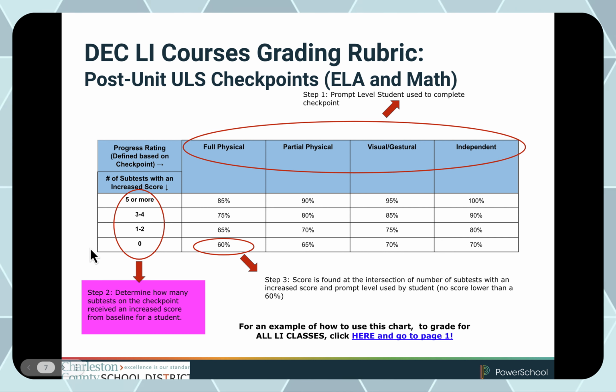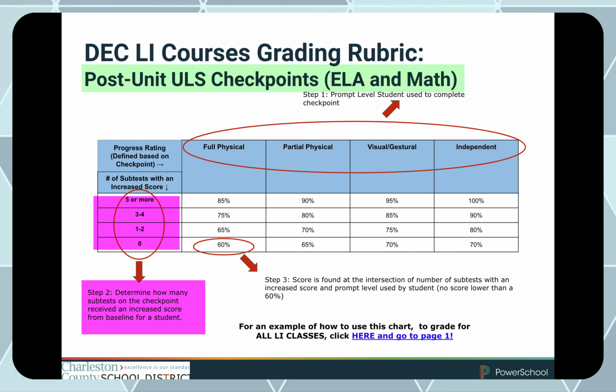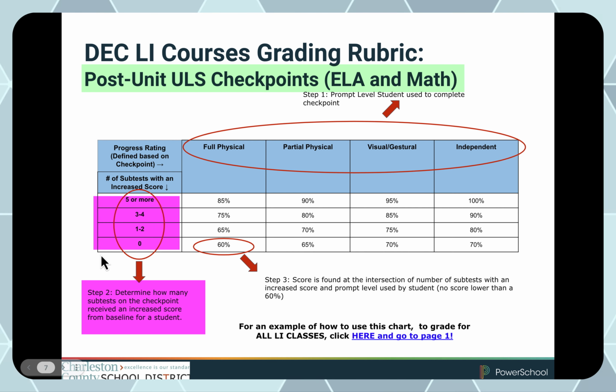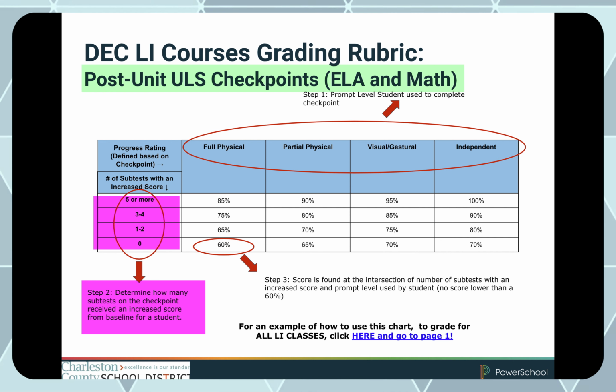I'll then determine how many subtests on the checkpoint received an increased score from the baseline for a student. As a reminder, these rubrics are used for grading the post-unit ULS checkpoints, so the y-axis, or step 2, the number of subtests with an increased score, should be based on how many subtests the students improved on from the pre to post.